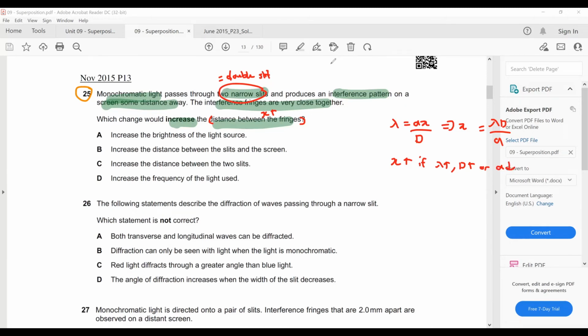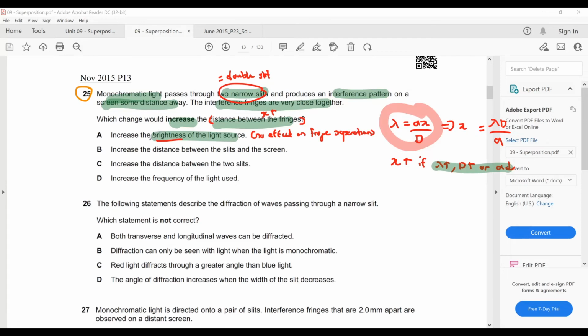So you look at all these answer choices, which of them is telling you one of these? Option A, increase the brightness of the light source. This has nothing to do with the equation that you have here, so you could say it has no effect on fringe separation. Similar to what I mentioned earlier, if you increase slit width, more light comes in and your bright fringe becomes brighter.